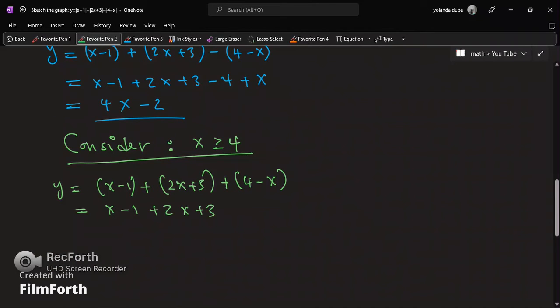So these cancel off, and we get 2x. And then we have 3 minus 1, 2, plus 4 makes 6. So that's it. So now we have managed to get all the functions that describe our chain in each of these regions that we have there.